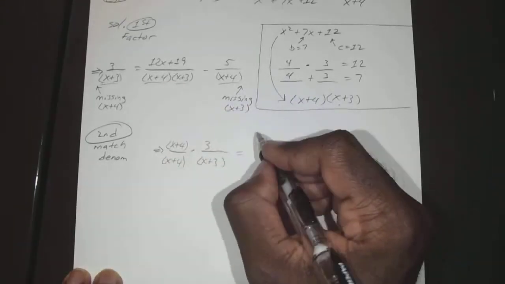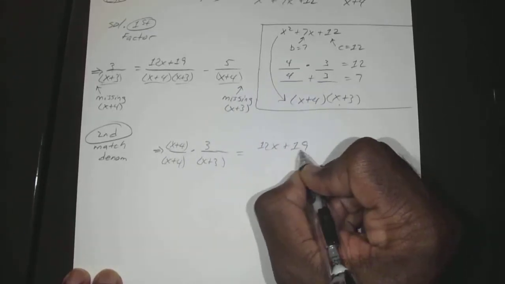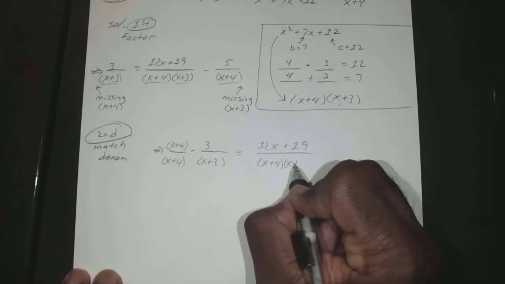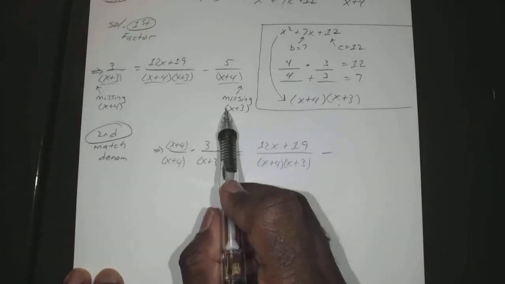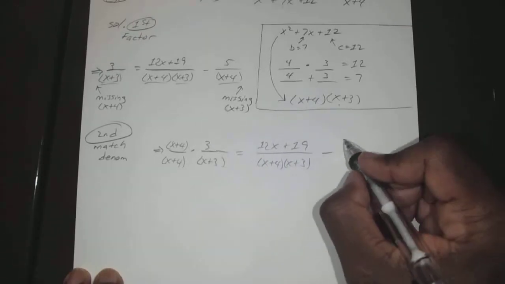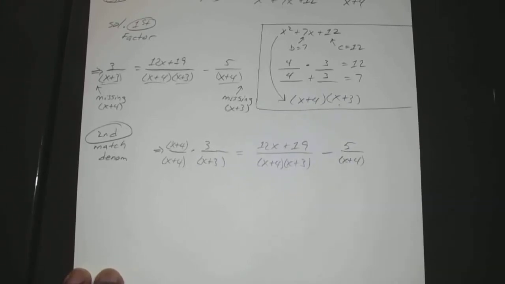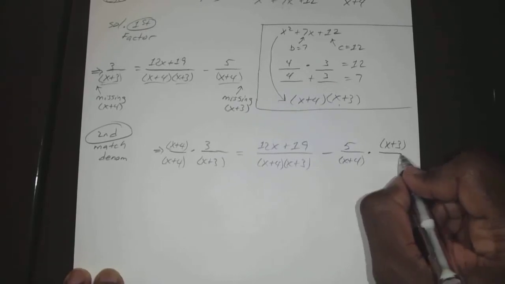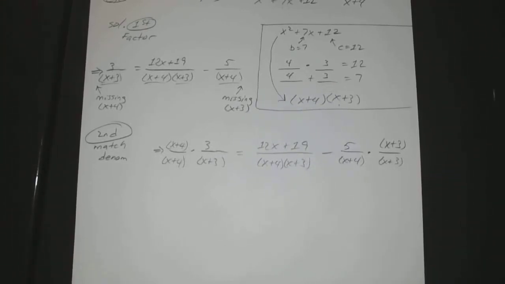Equals 12x plus 19 over x plus 4 times x plus 3, minus, this one's missing the x plus 3, so that means our 5 over x plus 4 is going to be multiplied by x plus 3 over x plus 3. So all of our denominators match.